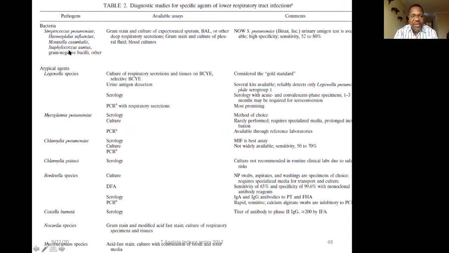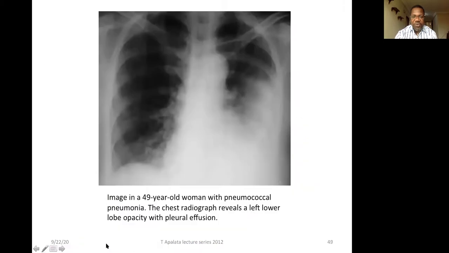In summary, bacteria like Streptococcus pneumoniae, Haemophilus influenzae, Moraxella catarrhalis, Staphylococcus aureus, and other gram-negatives are able mainly to cause community-acquired pneumonia. And Legionella, Mycoplasma, Chlamydia, Bordetella, Coxiella, Nocardia are able to cause what we call atypical pneumonia.